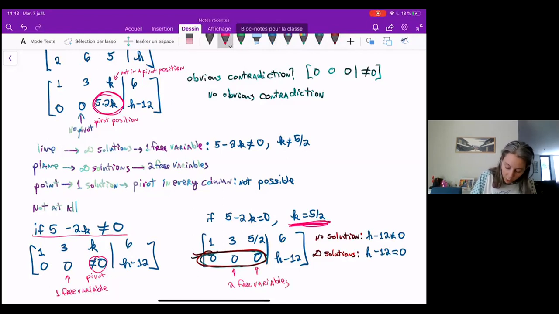And we know that 2 free variables means intersection in a plane. So this intersection in a plane is going to happen when k is equal to 5 over 2 and h is equal to 12.